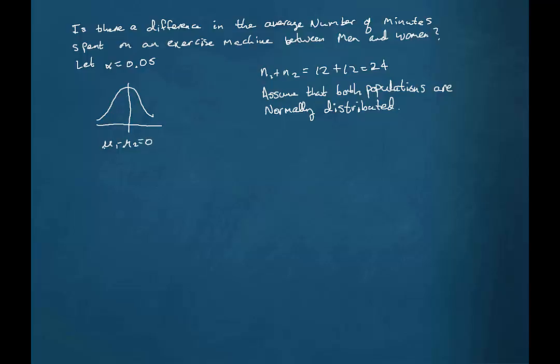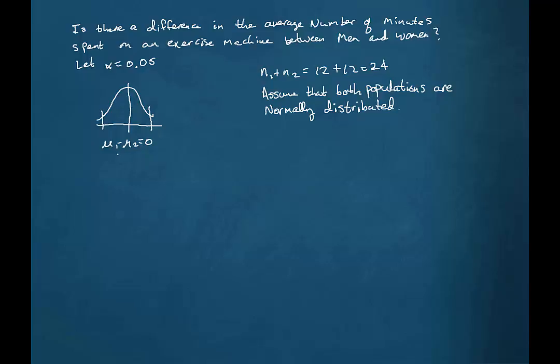So if there is no difference, then when we subtract them, the result would be 0. If there is a difference, then our rejection regions would be out here in each tail, two-tail test, if there is a difference.